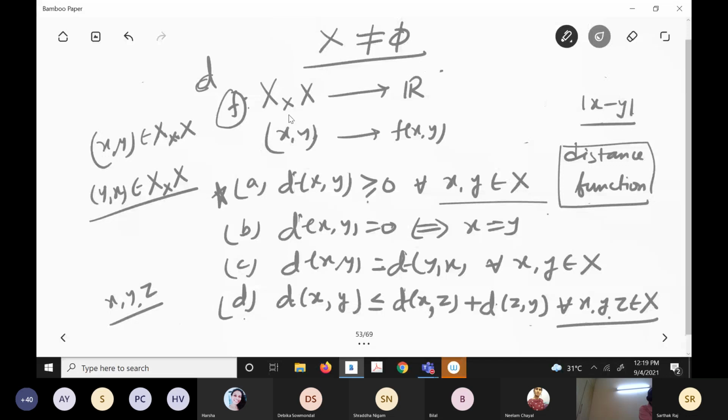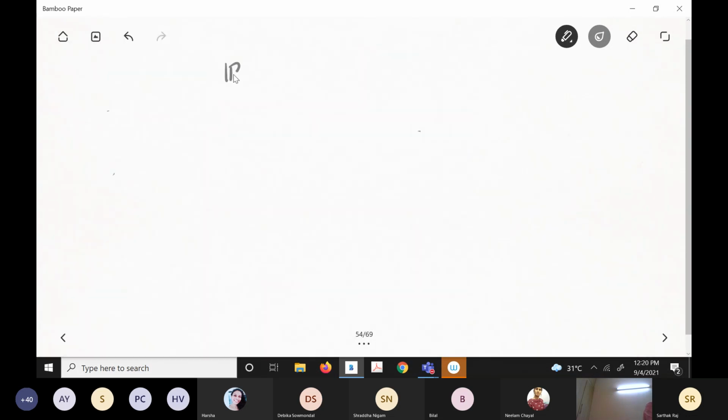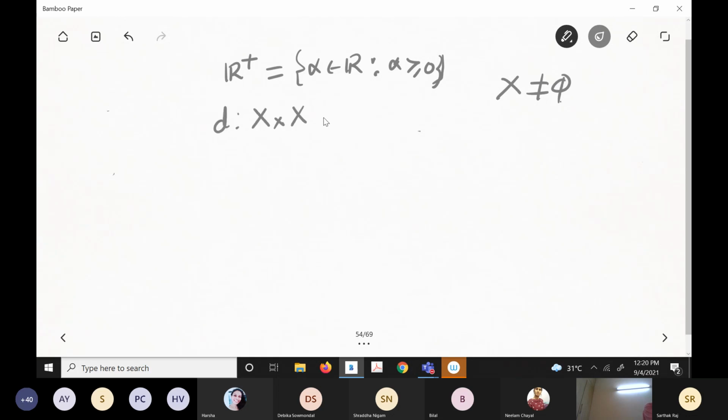First I started with a function having some property. Then I said, since it is actually our well-known distance function, instead of f we call it d. If you use this notation, R plus is the non-negative reals: alpha belongs to R such that alpha is greater than or equal to 0. Then take X a non-empty set and a function d from X cross X to R plus.